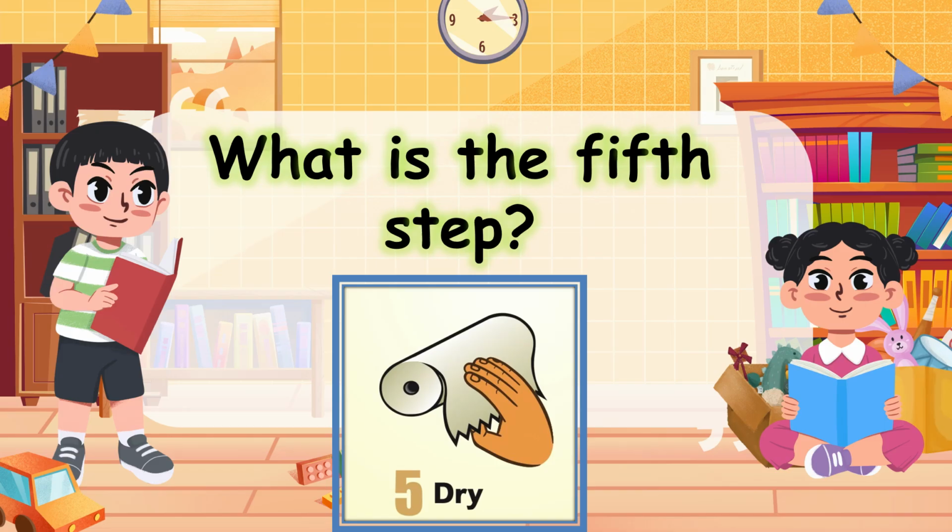Or you may even have a dryer, right? Or you may also use the electric fan to dry. All right. So again, the fifth step is dry. Dry your hands.